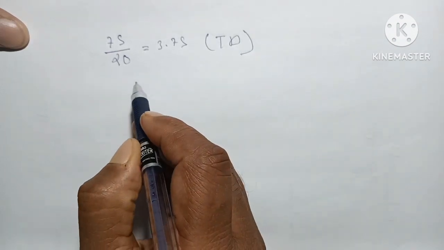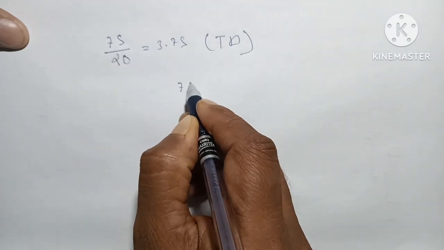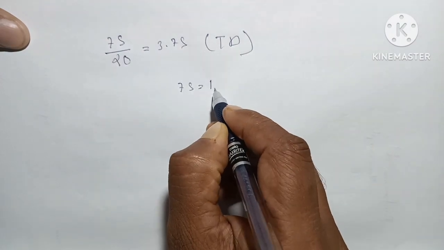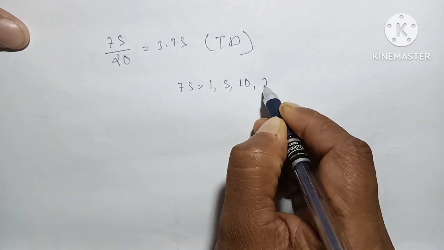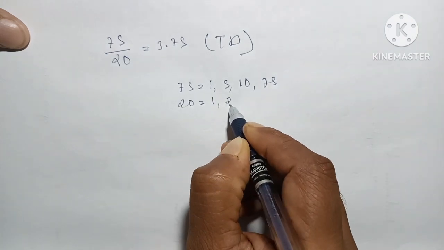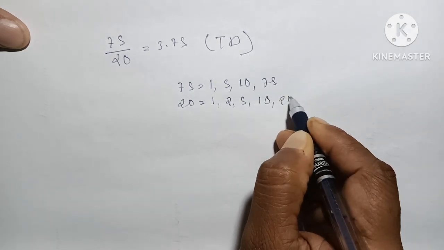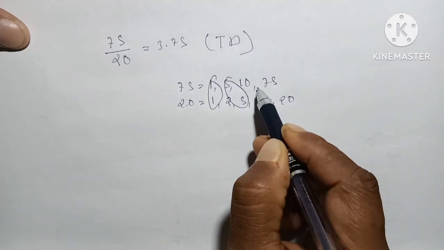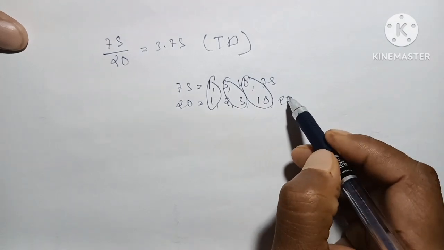But one thing here: you have to do the prime factorization. The factors of 75 come as 1, 5, 10 and so on. For 20, you also do the same: 1, 2, 5, 10, 20. But here there are more common factors: 1 is a common factor, 5 is also a common factor, 10 is also a common factor. But our question's demand is not fulfilled.